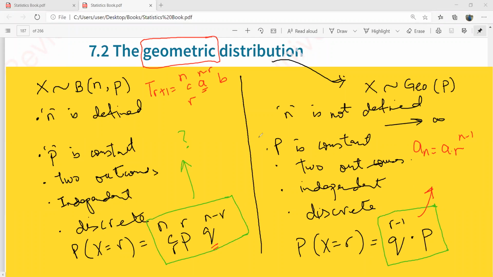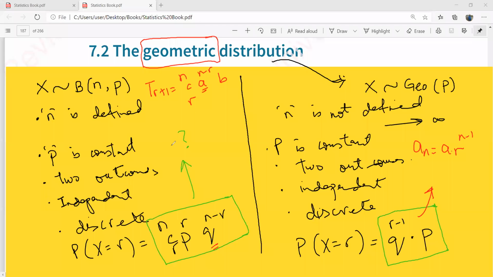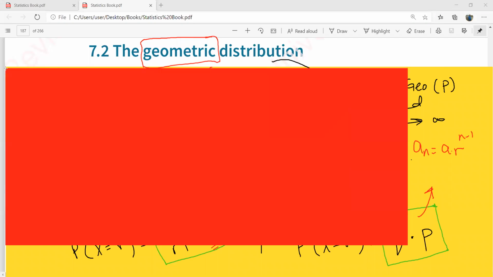So now let me take you into the detail of this. I've told you about the similarities and the differences between the binomial and the geometric. Now let me go into the details of this geometric distribution.